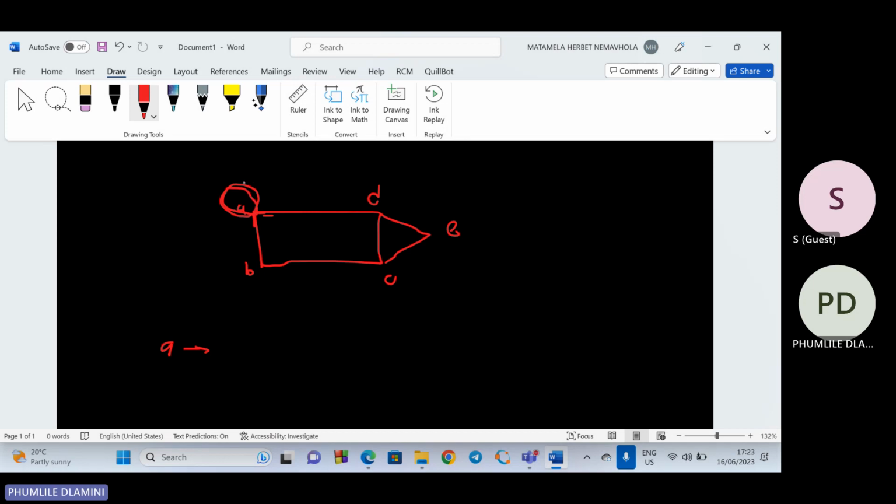So at the turning point we count 1 degree plus another 1. So the total degree of A is going to be 4. That's how we calculate when we have a loop.